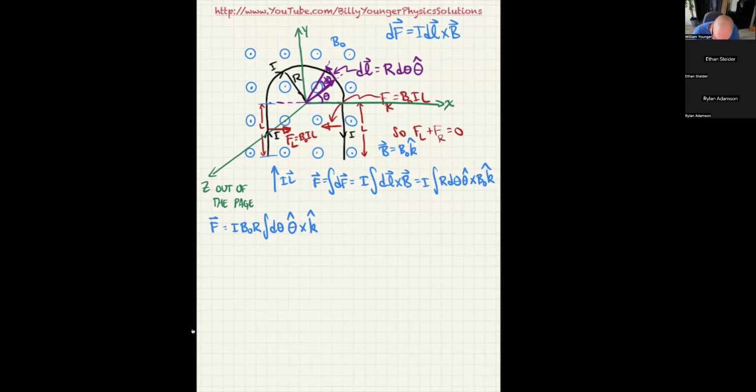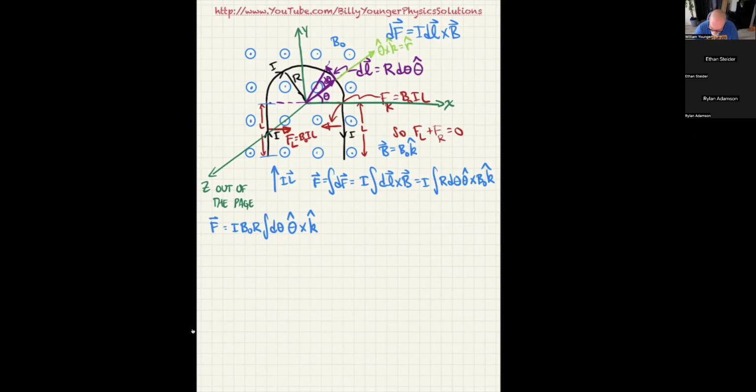So you could actually imagine it as if it is, let's use another color, let's say green. This direction is the direction of theta hat cross k hat, which is actually equal to, say, r hat. Okay. Now, what you see is we're going to have to integrate all this stuff.